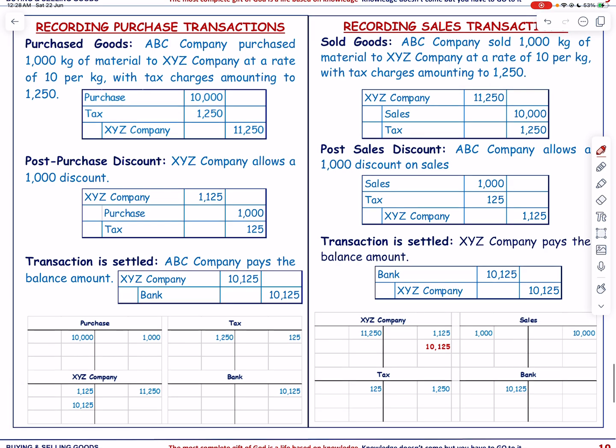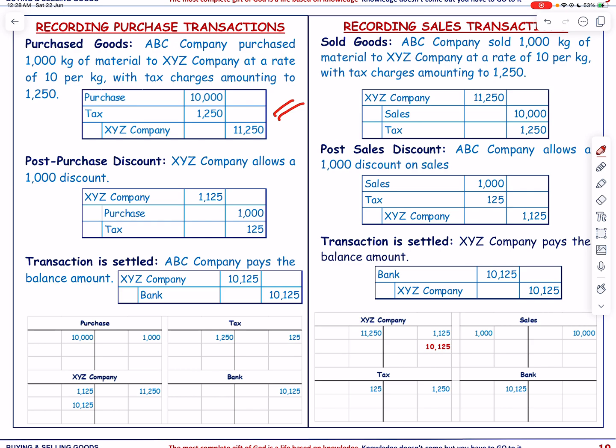So there is no change as far as the recording of the transactions is concerned, whether it is a purchase return or a purchase discount. Once again we keep the same initial purchase journal entry. Purchase is debit, taxes are debit, and XYZ company is credit.